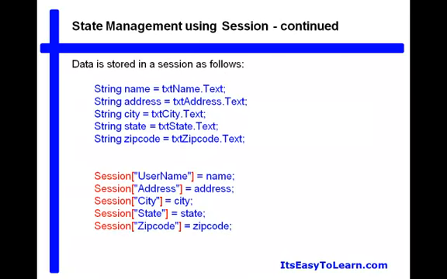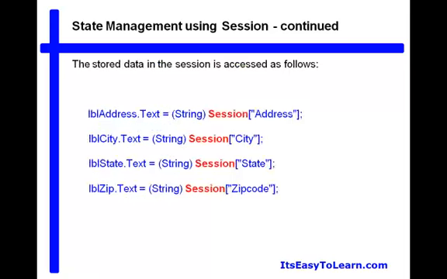We got the values from the text boxes and then put those values on the session using names which are unique in this particular context. So name came under Session of username, address came under Session of address, city came under Session of city, similarly for state and the zip code.